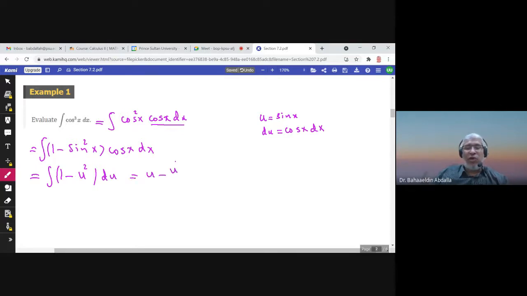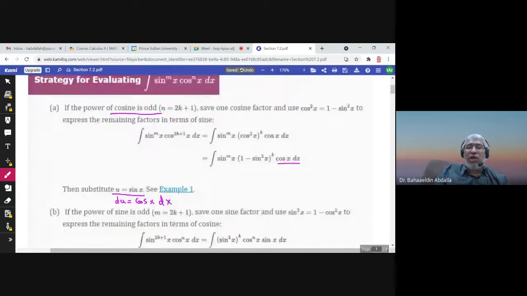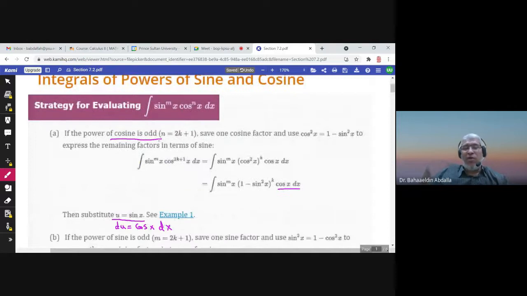The integral of u square is u cube over 3 plus c. What is u? u is sine x. So sine x minus sine cube x over 3 plus c. And this would be the integral of cosine cube. So this is when we have the power of cosine an odd number: 1, 3, 5, 7, and so on.